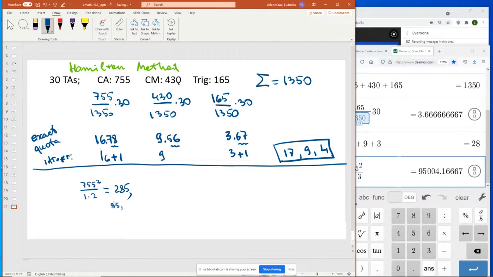Oh no, wait a minute, it will be too long. Let us do it shorter. Let us only decide about the last 2 representatives. Okay, suppose that college algebra has 16 representatives, contemporary math 9, and trigonometry 3.